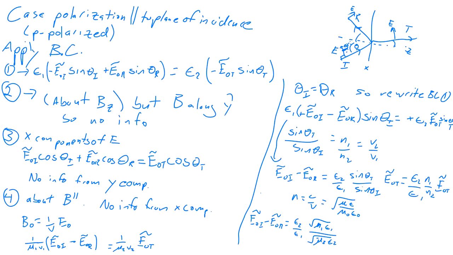So here we can write this then as, we cancel out the square root of epsilon parts, and we've got square root epsilon 2 over square root epsilon 1, and then square root mu 1 over square root mu 2, right?